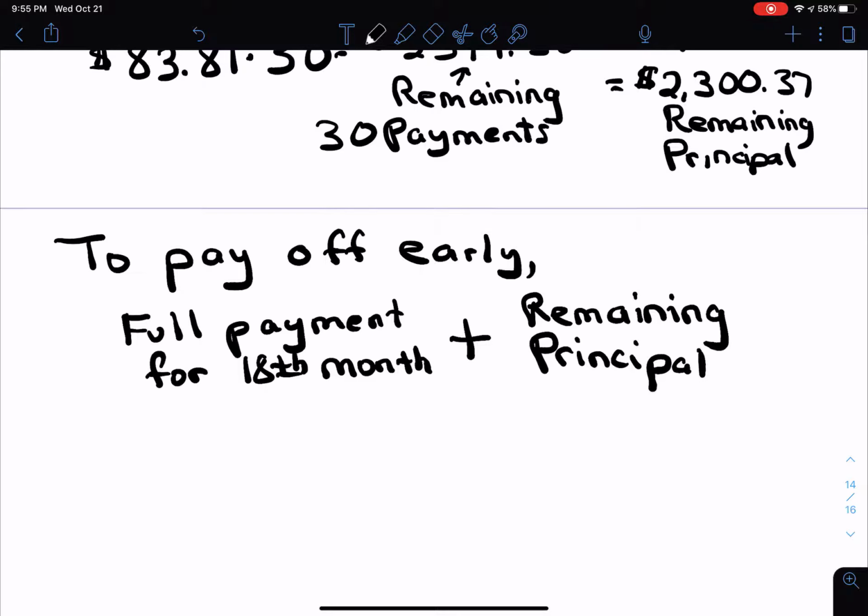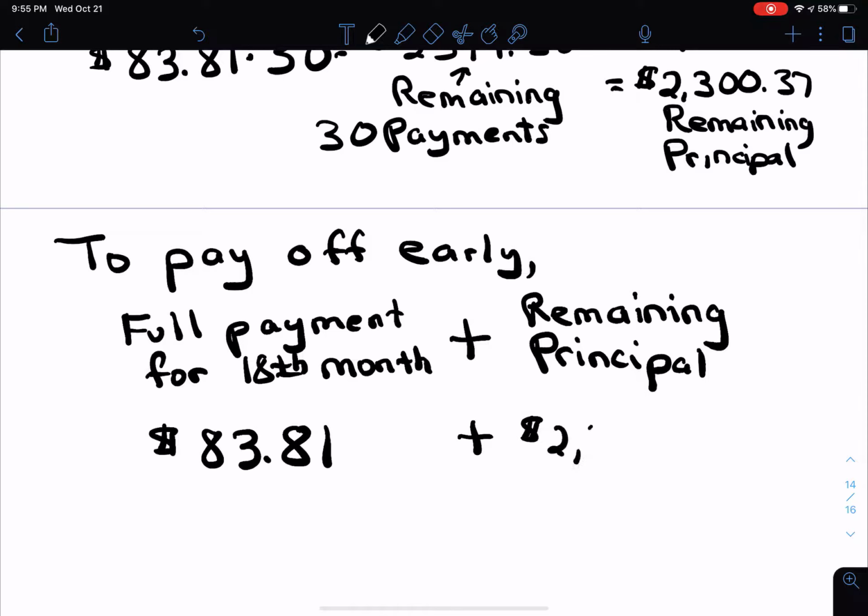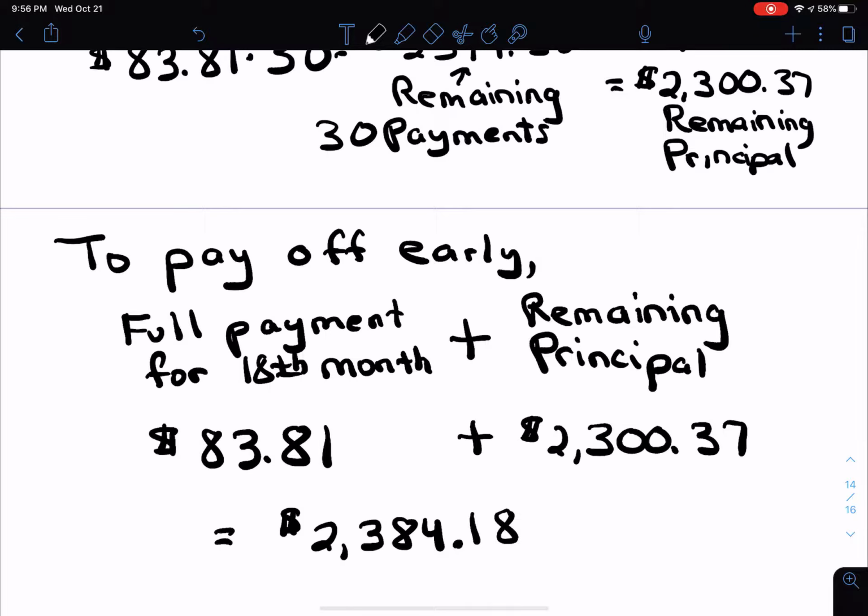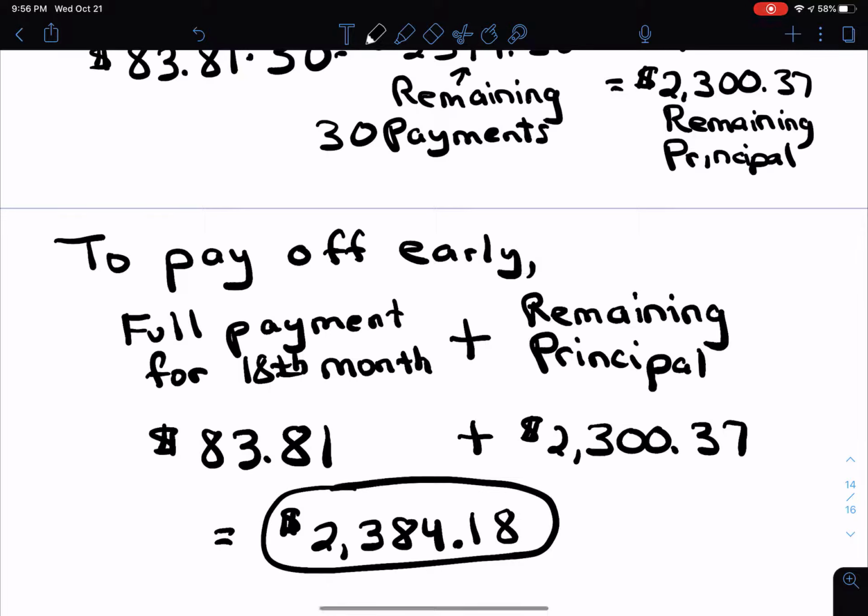So we have the $83.81 full payment for that month, plus the $2,300.37 principal. So then that person would have to send in a check or do a bank transaction of $2,384.18. Nowadays, you probably can just pay it online, do a transfer of funds, and there you go.